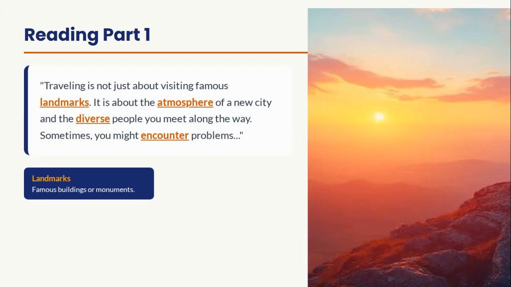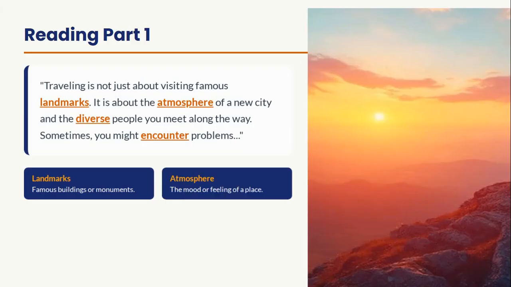Landmarks is a famous buildings or monuments. Number 2, it is about the atmosphere of a new city. Atmosphere is the mood or feeling of a place.